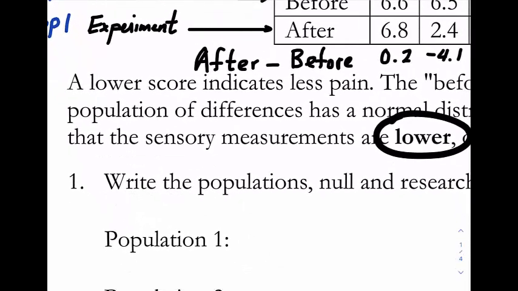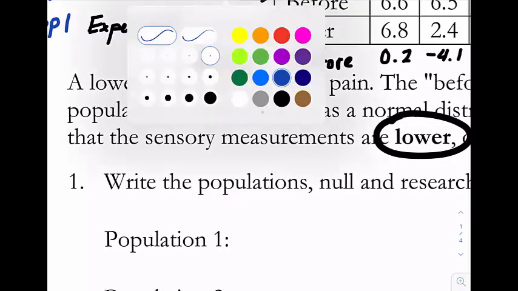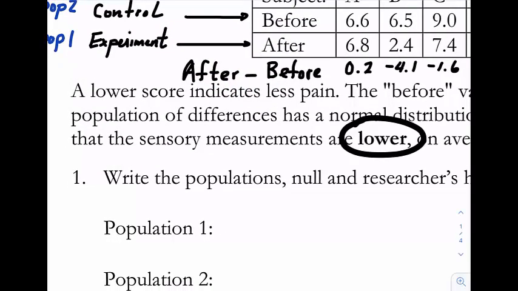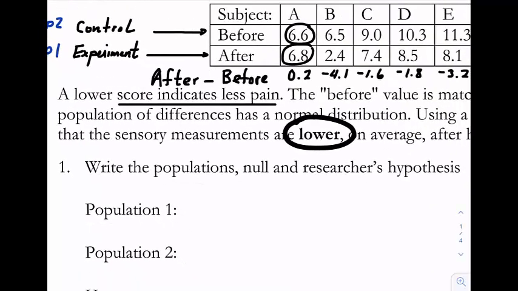So when I come down here and look at population number 1, I want to describe the after. It's quite simple here, but let's go back and look more specifically. We know that we're collecting a score that talks about the level of pain. That's what each one of those numbers describes: the level of pain at one point in time from a particular individual.